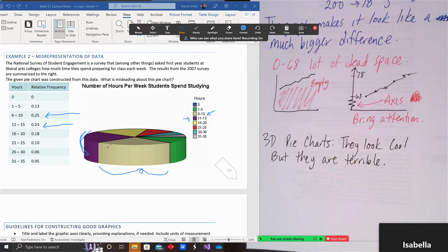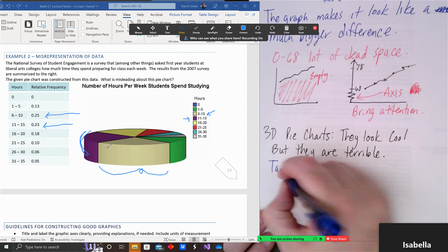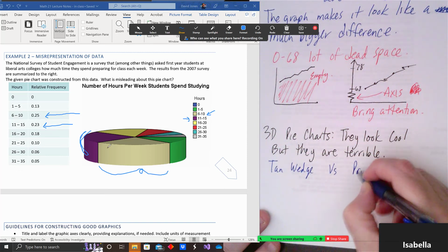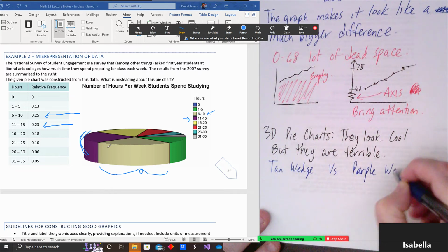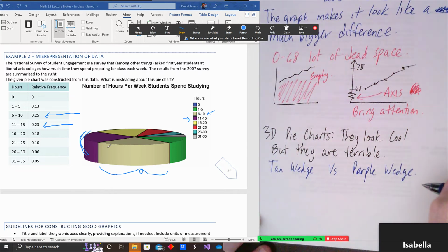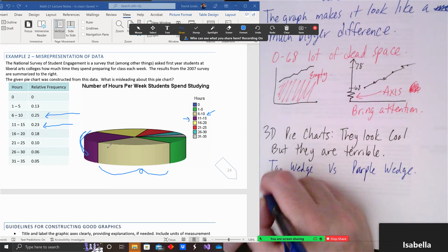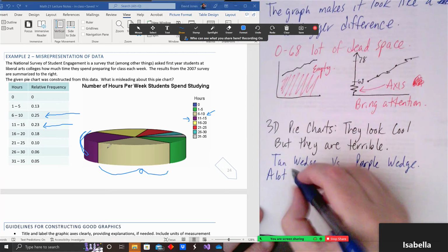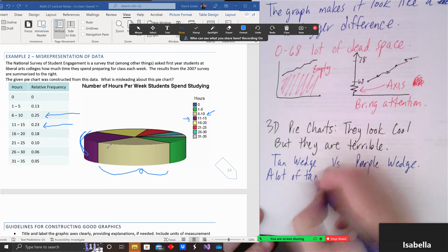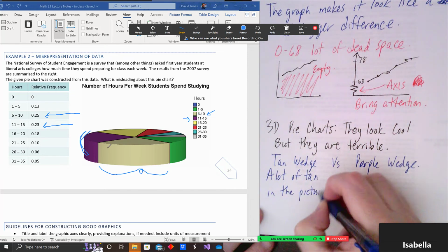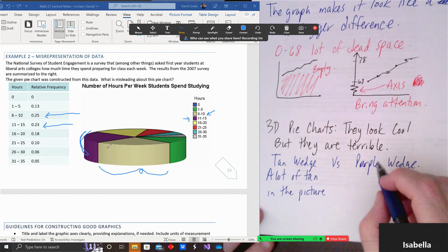So we're looking at the tan wedge versus the purple wedge. Since the tan wedge is up front, we see more of it. There's a lot more color, a lot of tan on the screen, and a lot less purple.